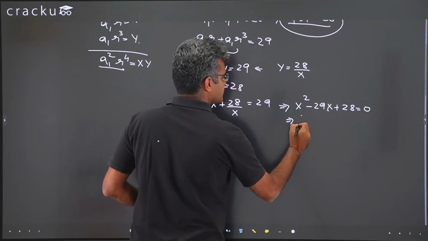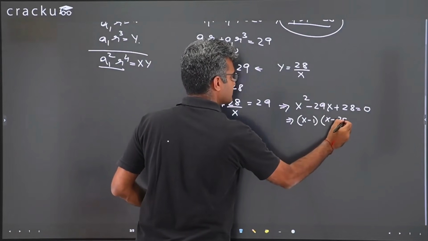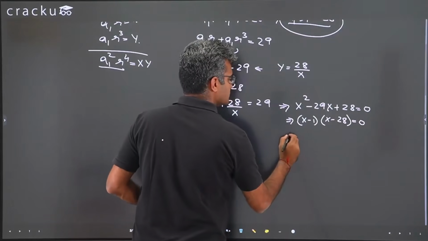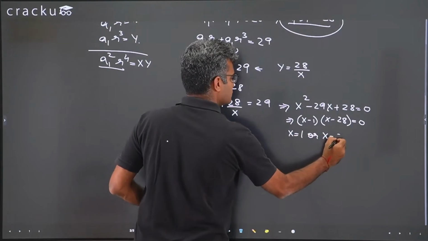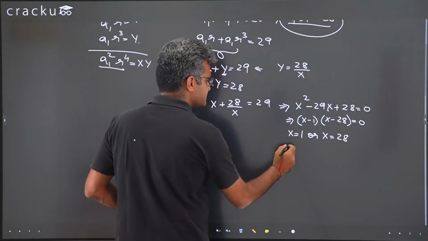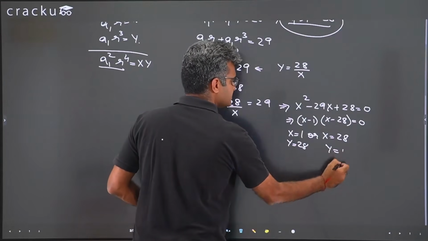This is a quadratic equation of the form x minus 1 into x minus 28 is equal to 0. So either x is 1 or x is equal to 28. If x is 1, y will be 28. If x is 28, y is 1.